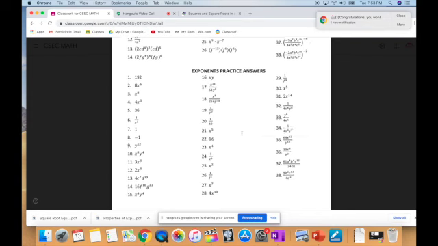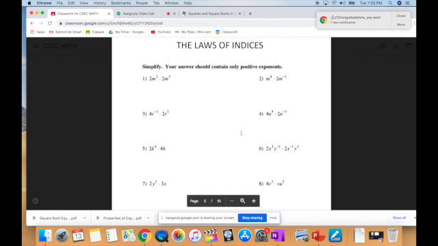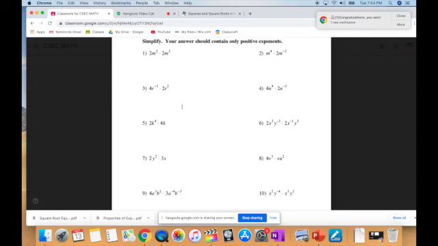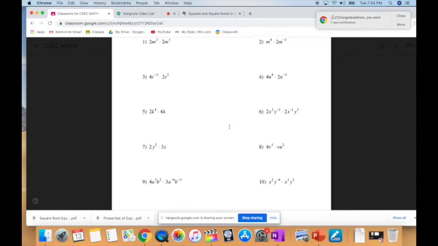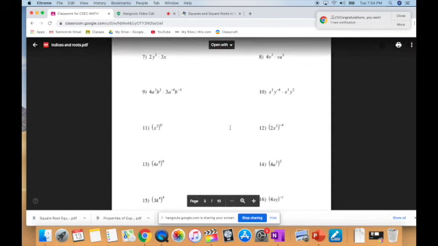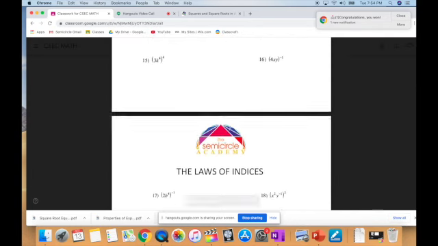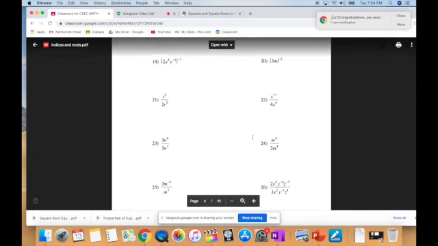Then we have some very simple ones, again simple because I just want you guys to really practice getting to know your laws of indices. If you look at it, these guys here are really, really simple. Some of them look a little more complex, but they're certainly not as complex as what we were just seeing. So everybody should be able to do these simple little questions.